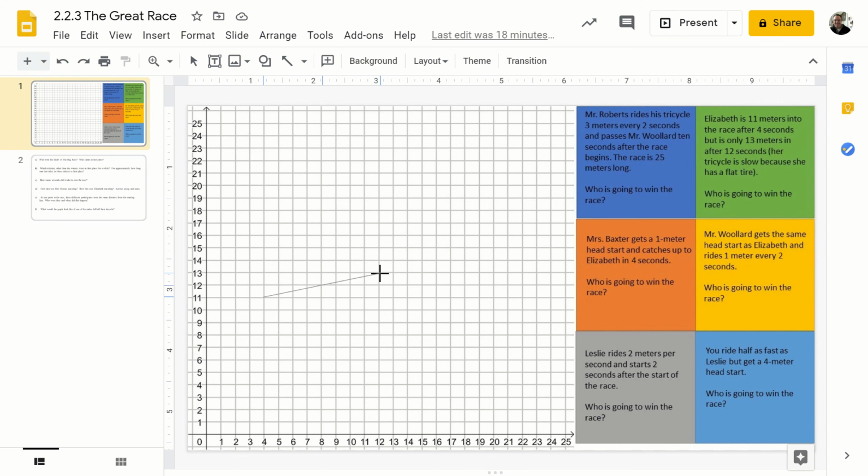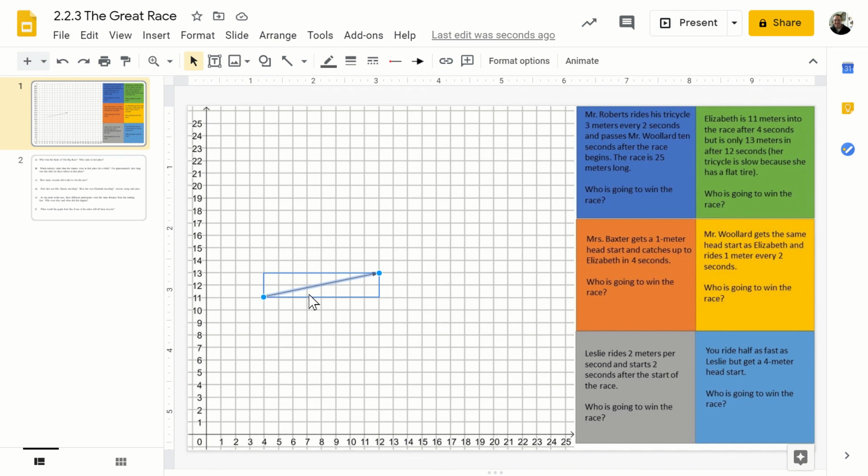There we go. So if I release this here, I can just verify with these endpoints. So at 12 seconds, I can verify that I'm at 13 meters. And at 4 seconds, I can verify that I'm at 11 meters.